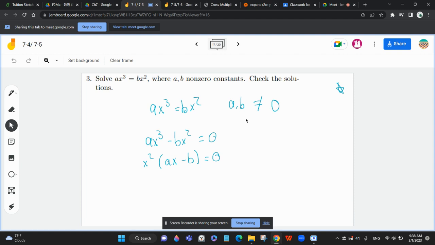So from the last line you can deduce the solution to be, oh, because A and B are constants, right?